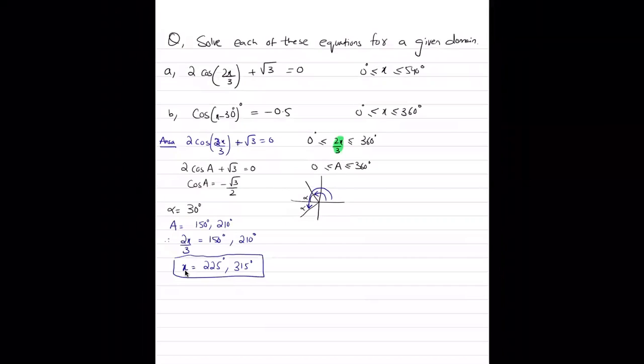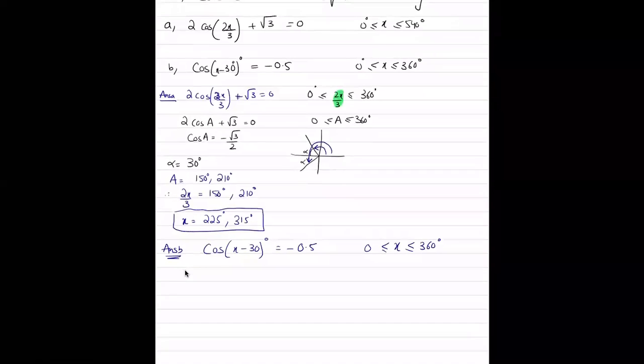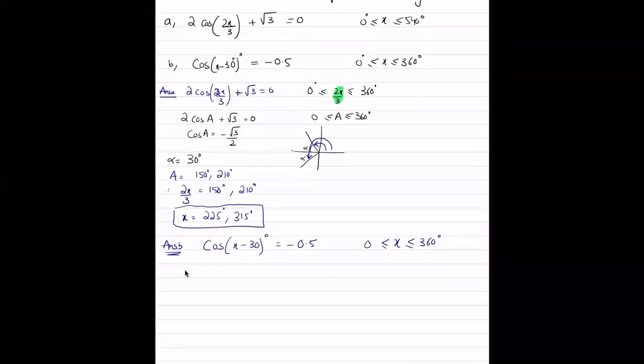Okay. For the next part, the equation was cos(x minus 30 degrees) equals negative 0.5, and the domain for x was given to you as 0 to 360 degrees. Now, first thing first, you are going to alter the angle domain.